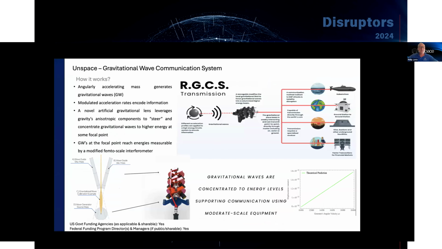So what are we doing with this? Well, our job at Unspace is to understand and characterize how these anisotropic fields can benefit applications, specifically communication. So we're working on a prototype to utilize what EGAD has taught us about these changes directionally with gravitational fields. One characteristic is they do not obey the inverse square law.